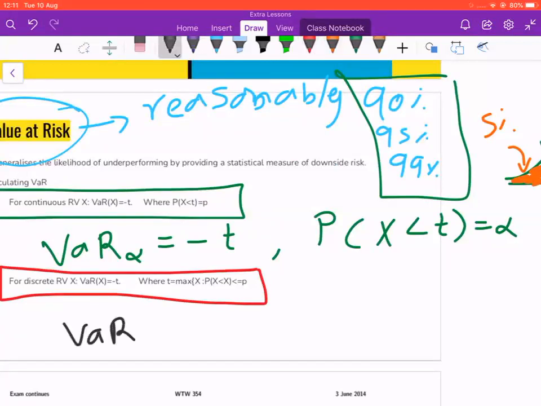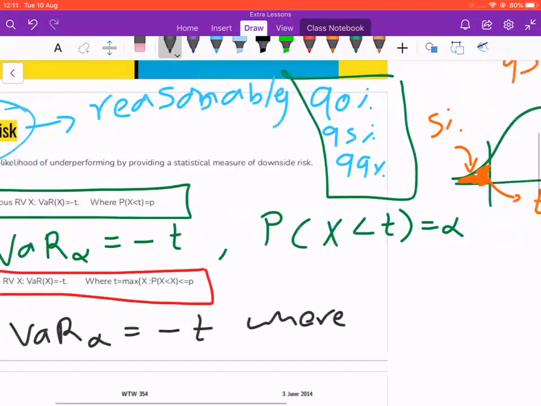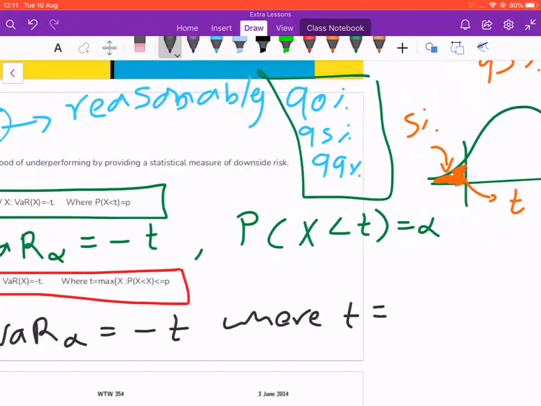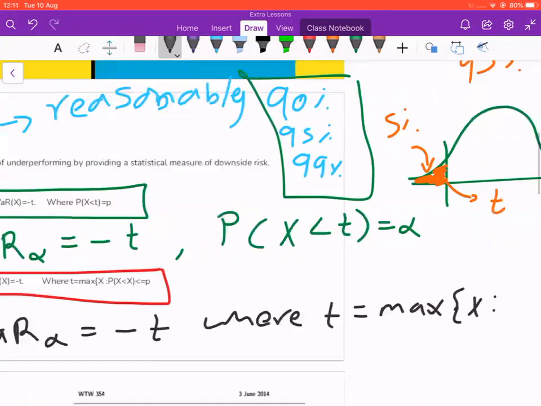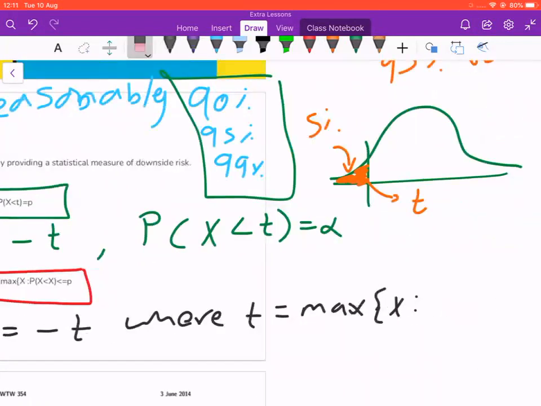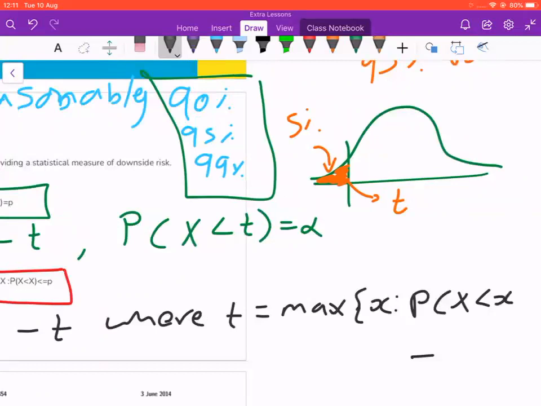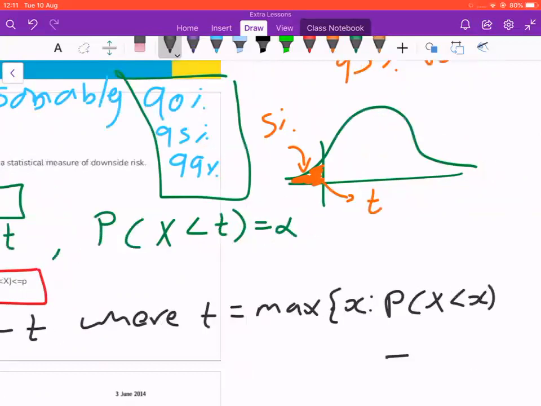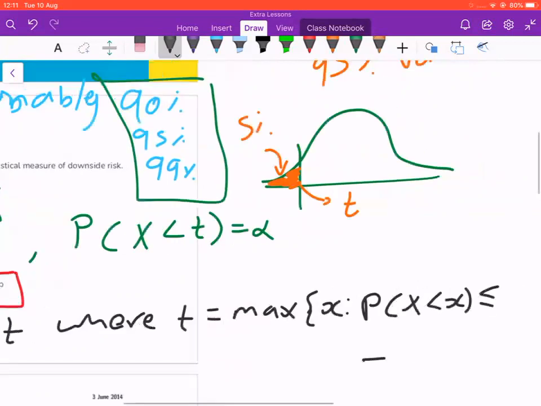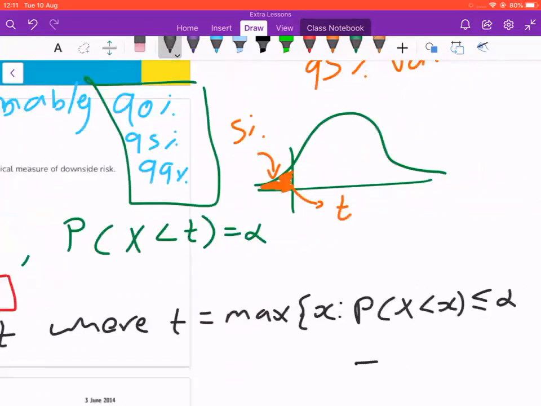VaR is going to be negative t, where t is the maximum value of small x, such that the probability of the returns being less than that x is less than or equal to alpha.